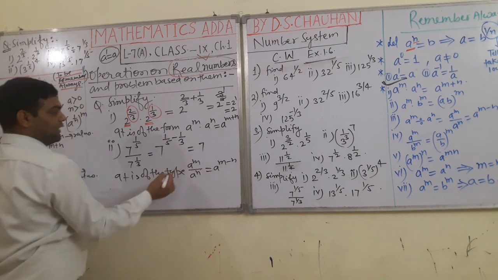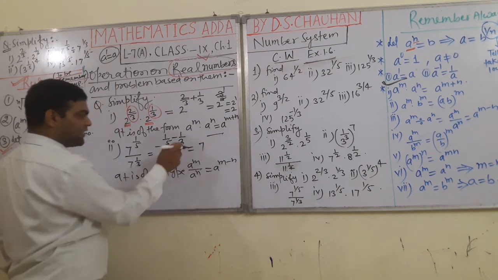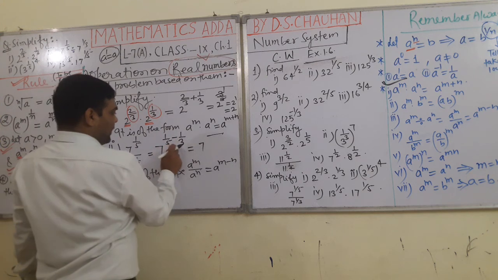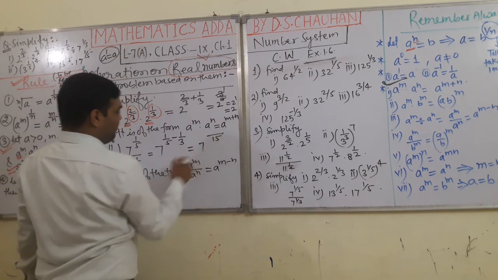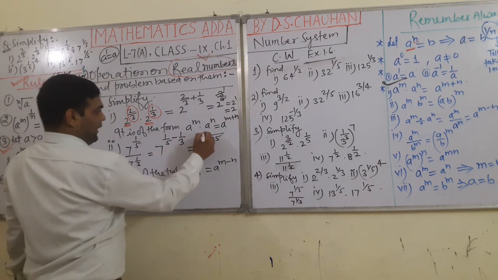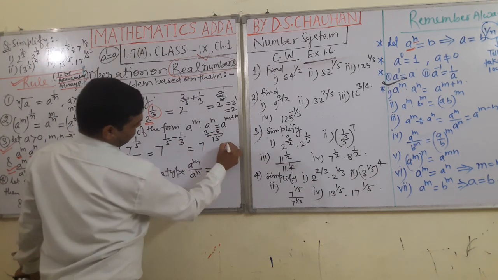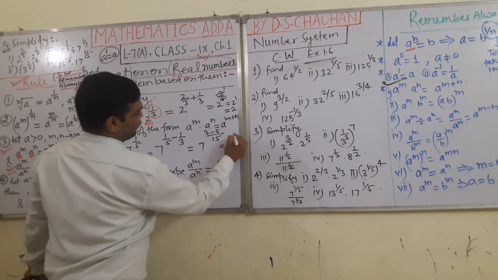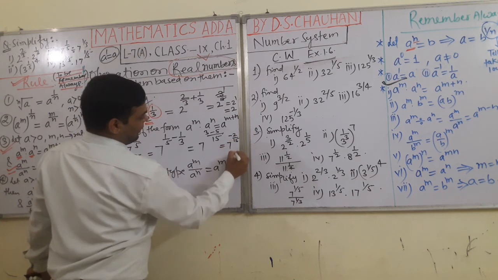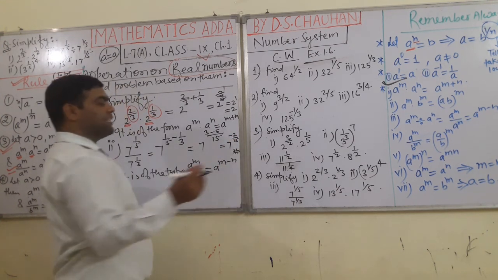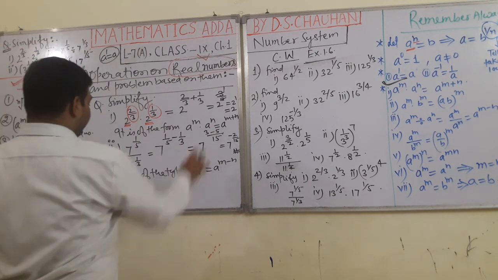The denominators are different, so take the LCM. The LCM of 5 and 3 will be 15. 5 threes are 15, 3 fives are 15, so we get 3 minus 5. So we get 7 raised to minus 2 upon 15. This is the answer. No need to simplify further.